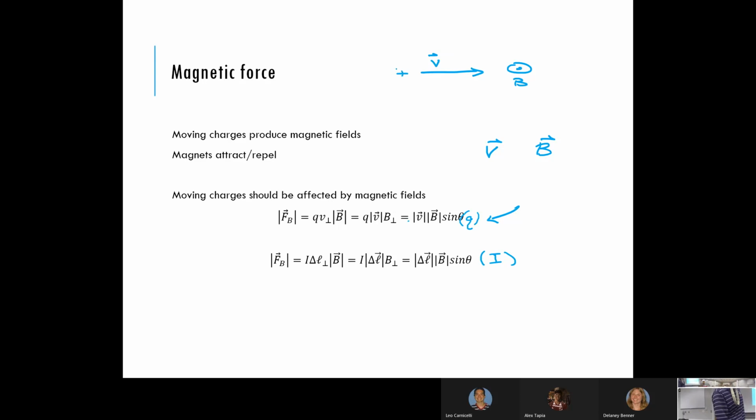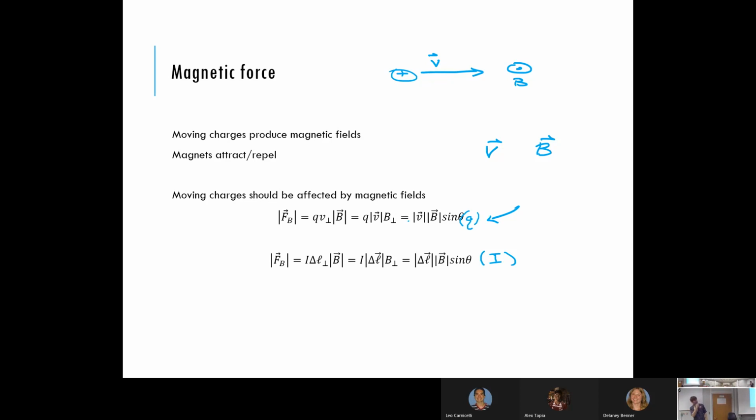The other way to say it is you point your fingers in the direction of motion and curl your fingers in the direction of the magnetic field. That'll work the same way, because your fingers curl in the direction of the palm.